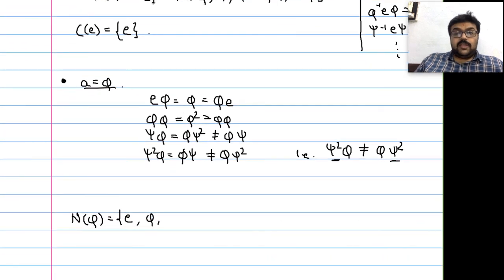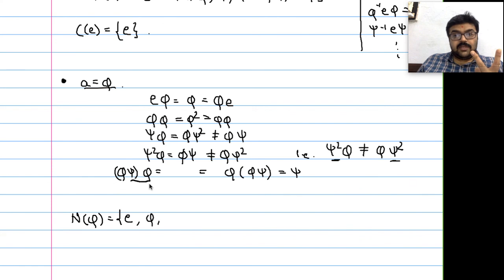What about phi psi? On the one side we have phi psi phi. Is it equal to phi psi? But this is the same as phi square. Phi square is identity, so this is the same as psi. But on this side you have psi phi.